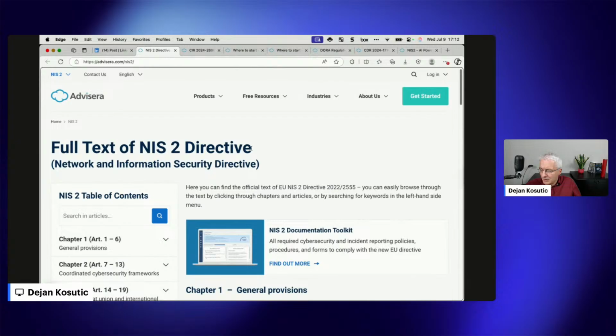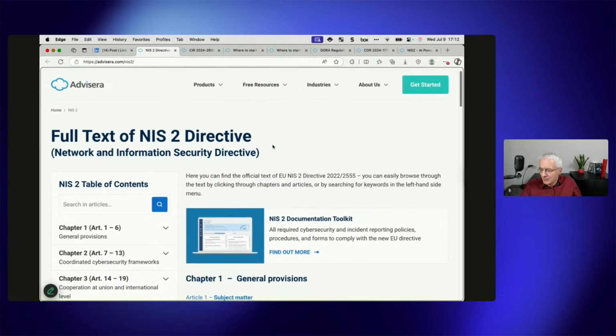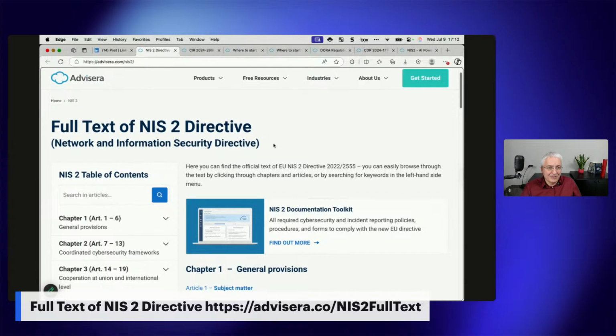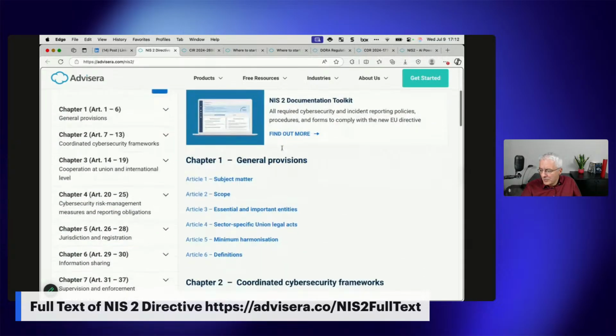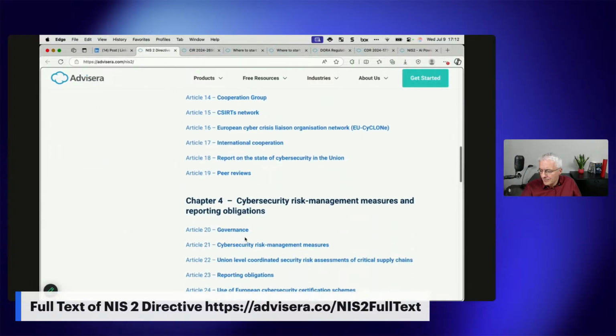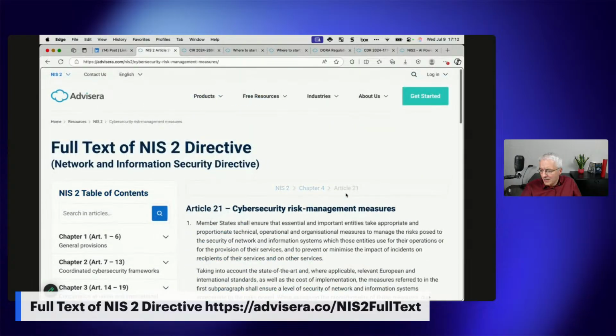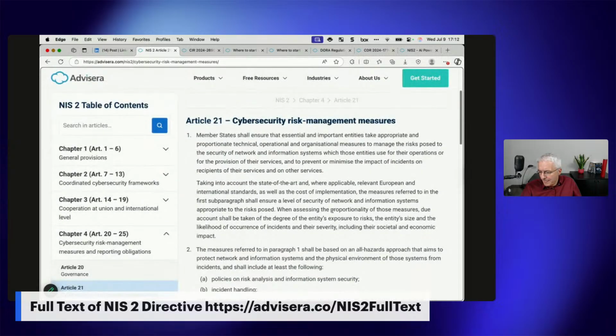You actually have it on the Advisor website. When you open it, it looks like this. By the way, we'll also send you the link to this NIS2 directive on the Advisor website, and you can see the same thing that I'm looking at now. When you go to Article 21, Cybersecurity Risk Management Measures, here you will see in this paragraph: when assessing the proportionality of these measures, due account shall be taken of the degree of the entity's exposure to risks, the entity size, and the likelihood of occurrence of incidents and their severity, including societal and economic impact.